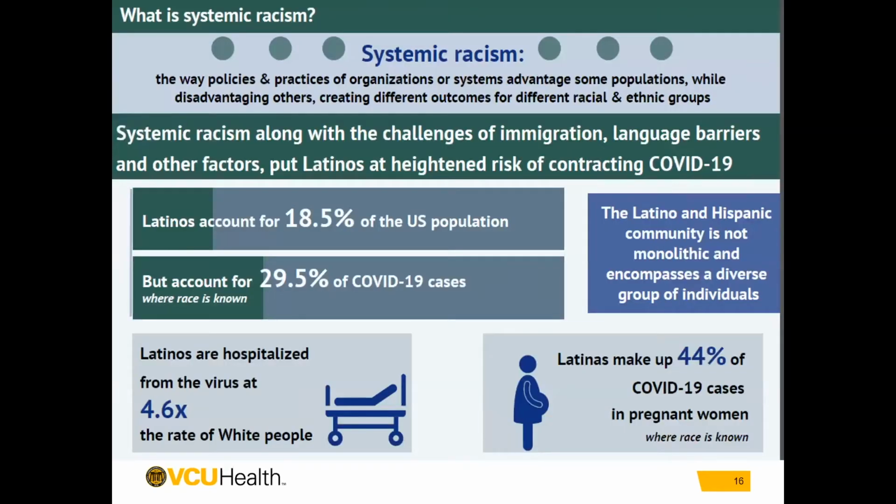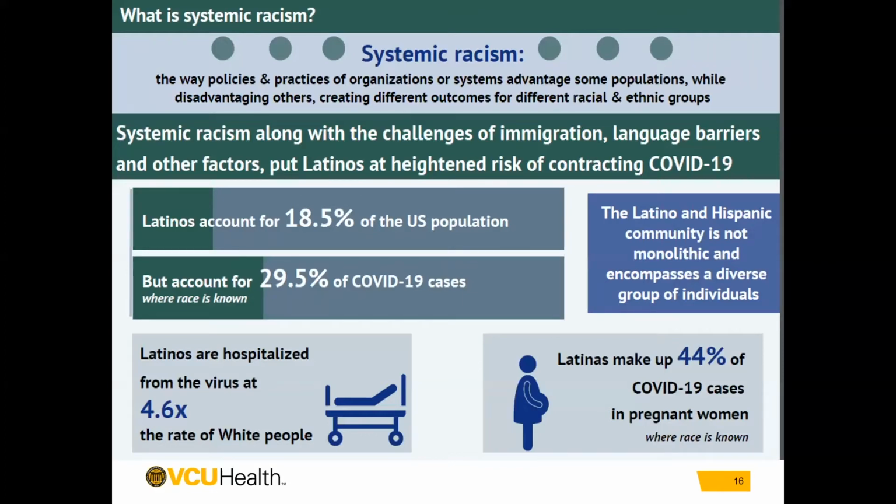We also know that systemic racism is playing a part in what we are seeing in regards to the data or the statistics supporting or related to the Latino and the Hispanic population. And what is systemic racism? It is truly the way policies and practices of organizations or systems advantage some populations while disadvantaging others. And you can especially see this around racial and ethnic groups.